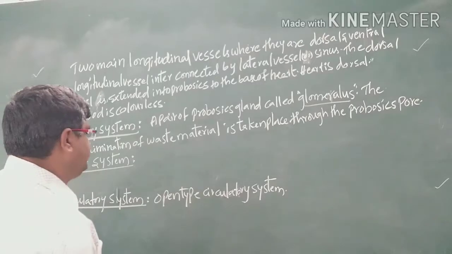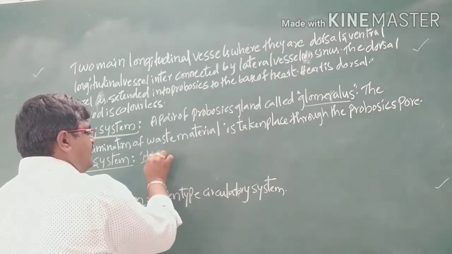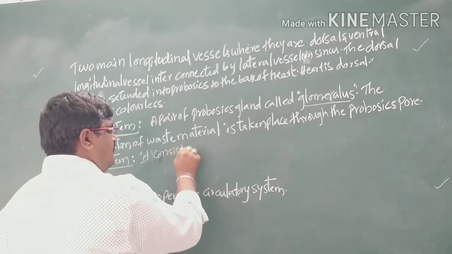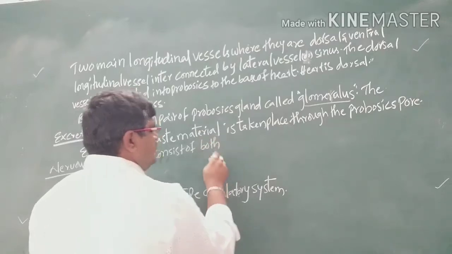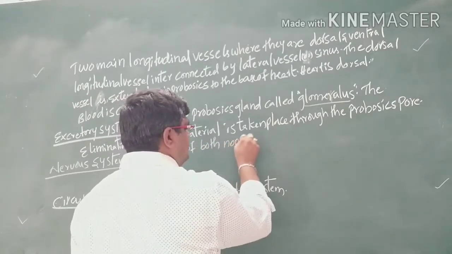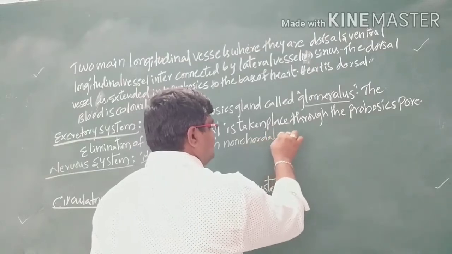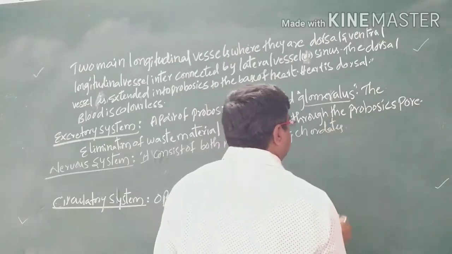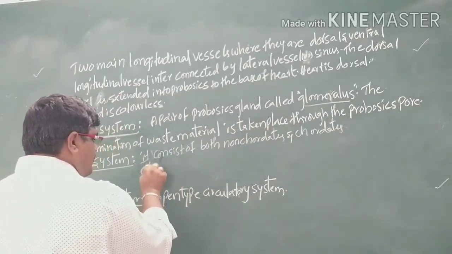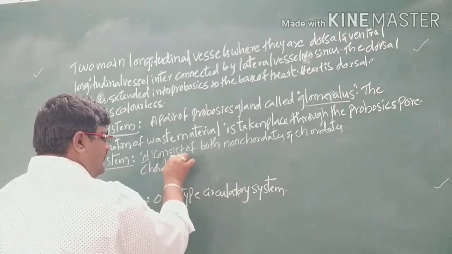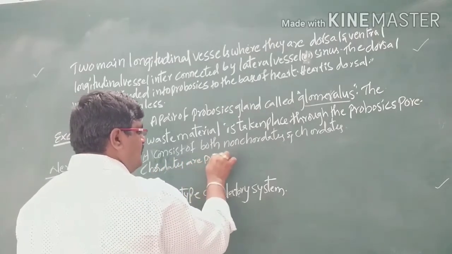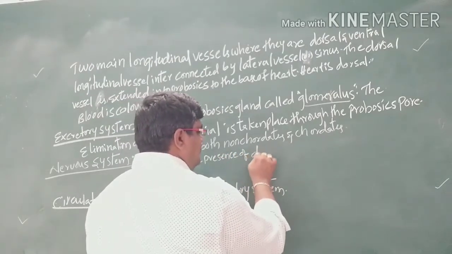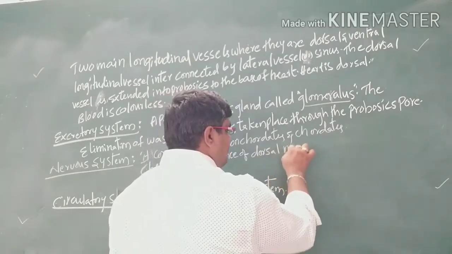So here the nervous system consists of both non-chordate and chordate characters. Chordates are characterized by the presence of a dorsal nerve cord.